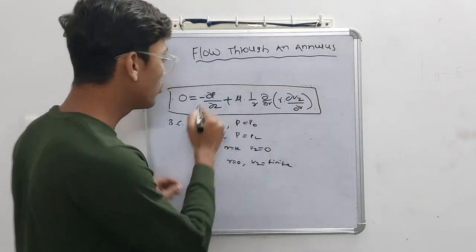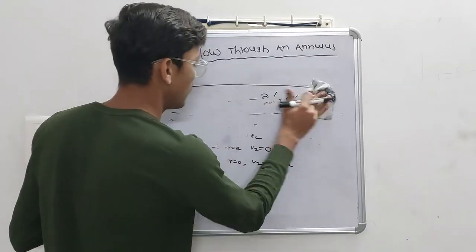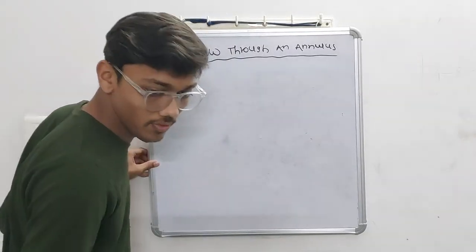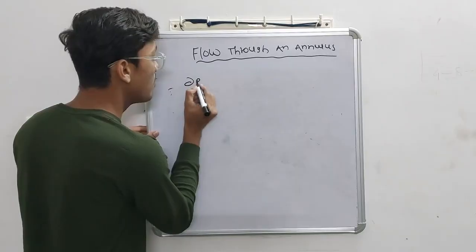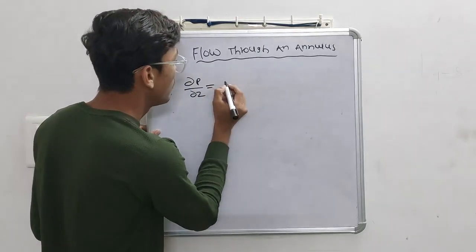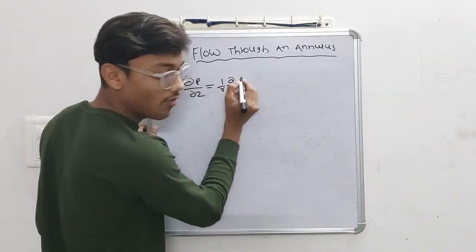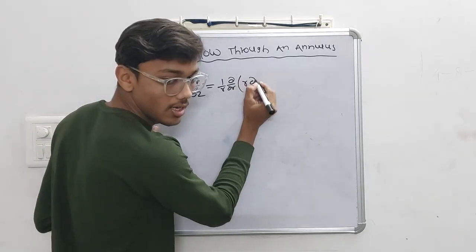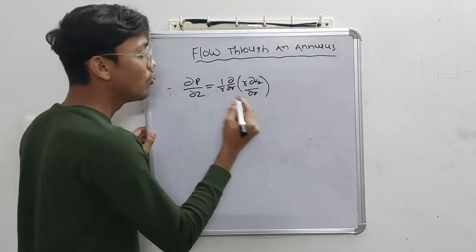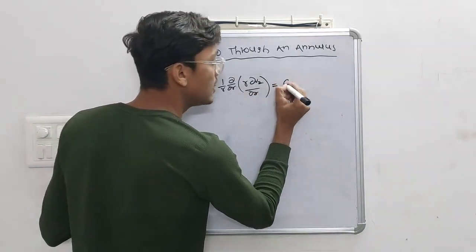Solving this equation further, we get dp by dz equals 1 by r d by dr of r dvz by dr. We take this equation equal to C naught.